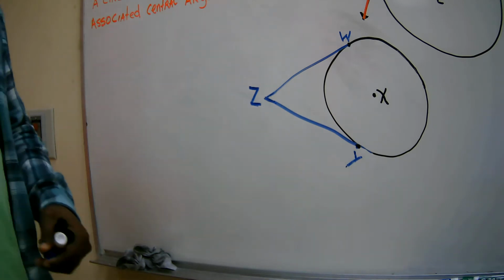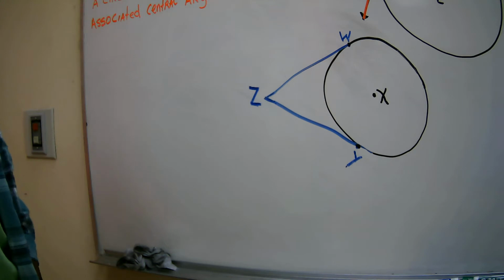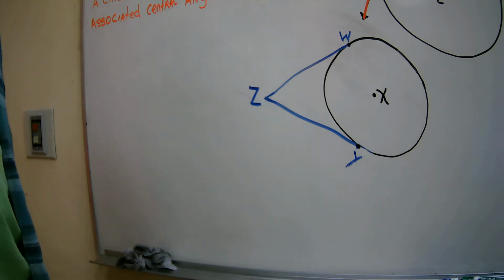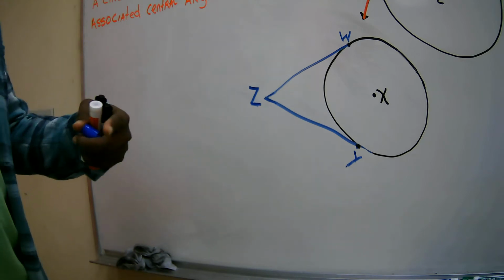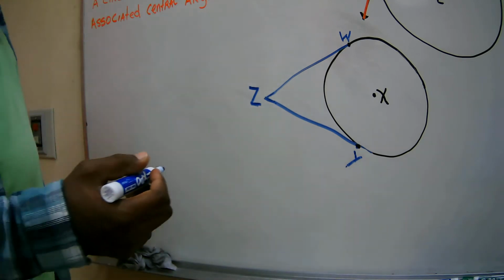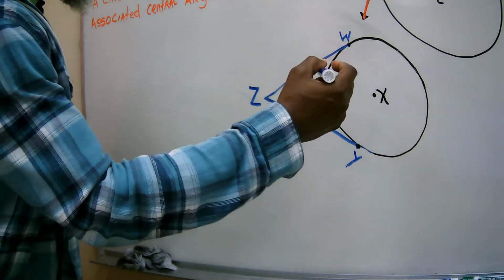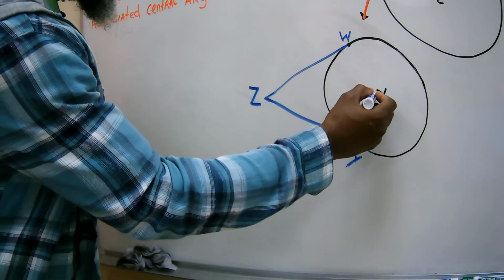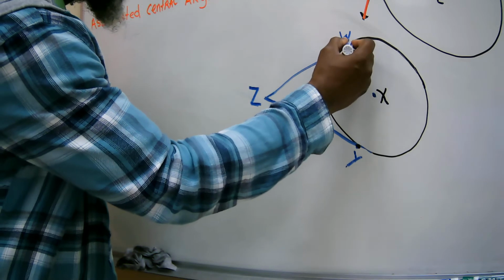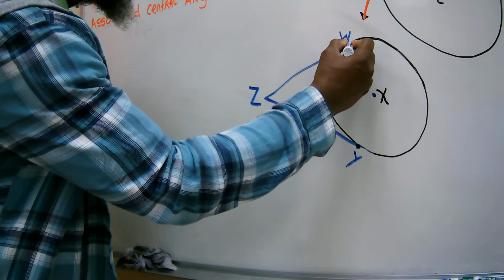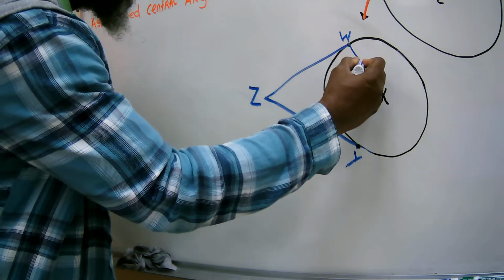A central angle is an angle that is at the center of the circle, formed by at least two radii. In this case, I have the center of the circle, which is point X, so I can connect point W, the point of tangency, to it.